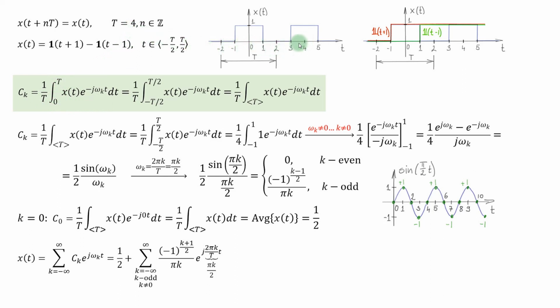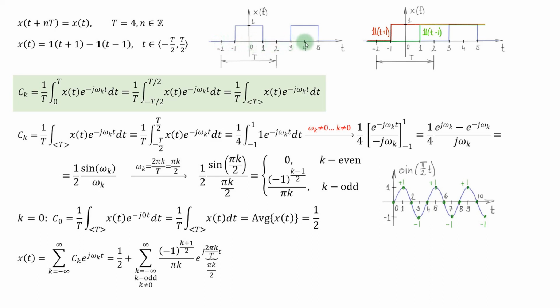But in reality, it doesn't have to be this exact interval. Note that the values in this interval are the same as the values in this interval. That is because the signal is periodic. So integrating my signal over this interval will be the same as integrating my signal over this interval.